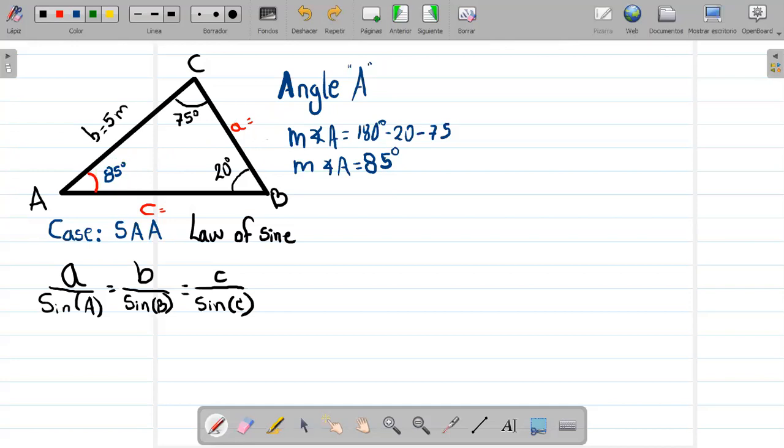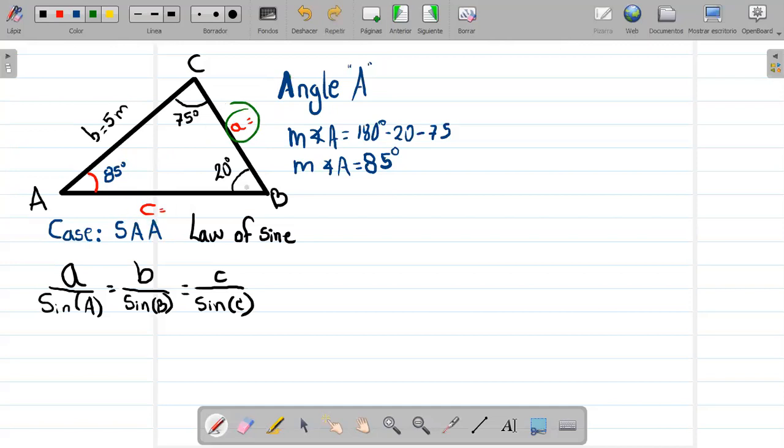You can decide right now which of the sides we can get. So what side do you want that we get? Side A or side C? Which one? Side A or side C?